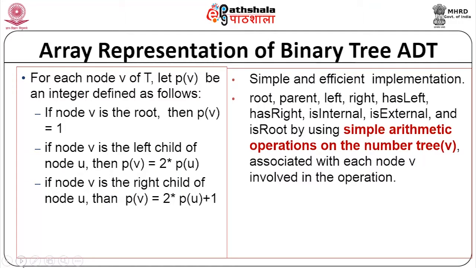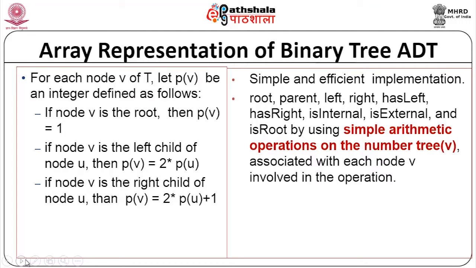So, for this array implementation, for each node V of T, let P of V be the integer defined as follows. If node V is the root, then P of V is equal to 1, that is the position. If node V is the left child of node U, then P of V is equal to 2 into P of U. If you look at the previous one, if U is occupying 2, the left child of U will occupy 4.